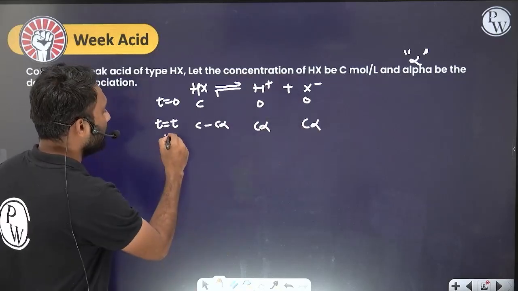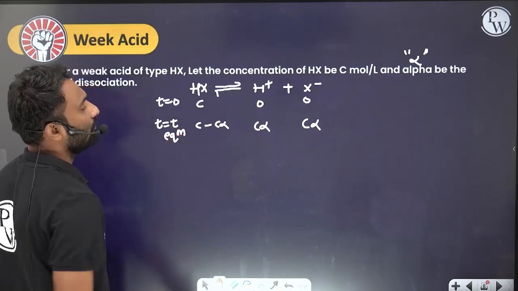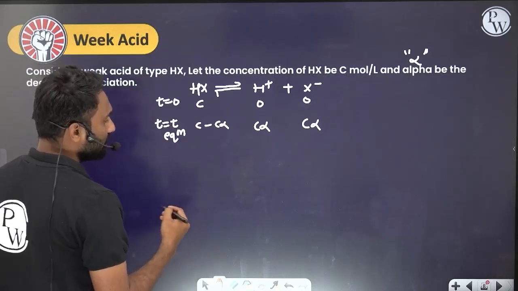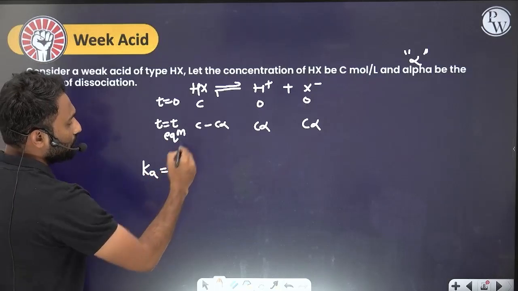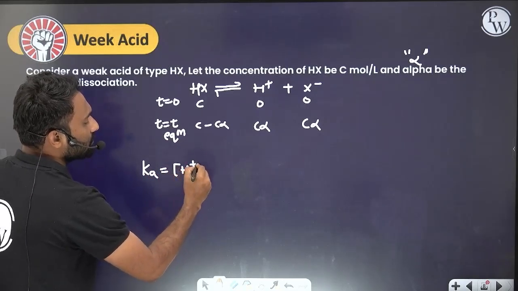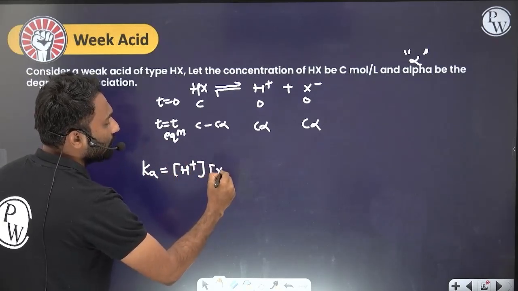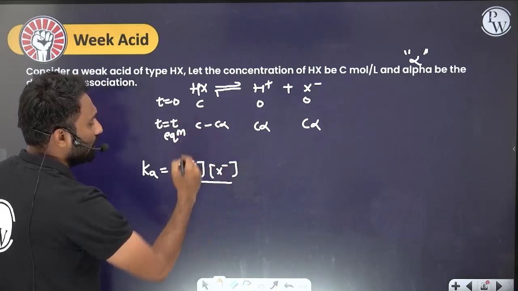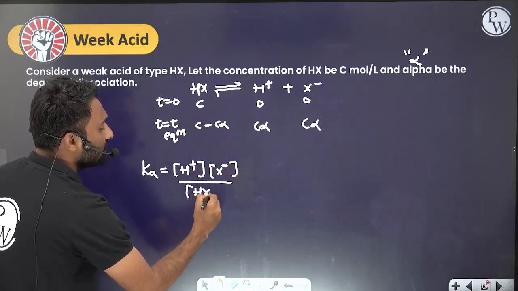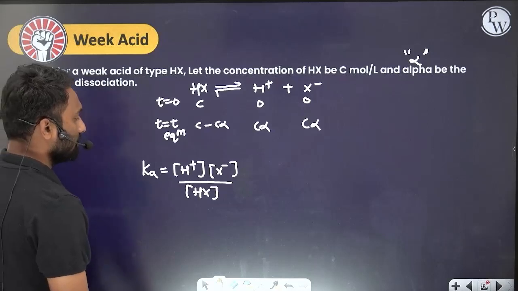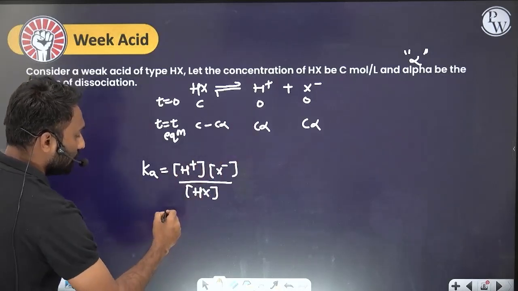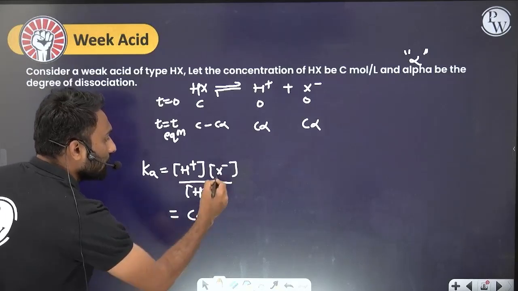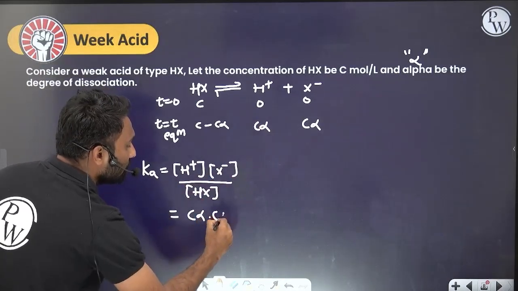This is the equilibrium. At equilibrium, now for this, how can the dissociation constant be written? Ka is equal to the concentration of H plus and the concentration of X minus by the concentration of HX. Concentration of H plus is C alpha. X minus concentration is C alpha.